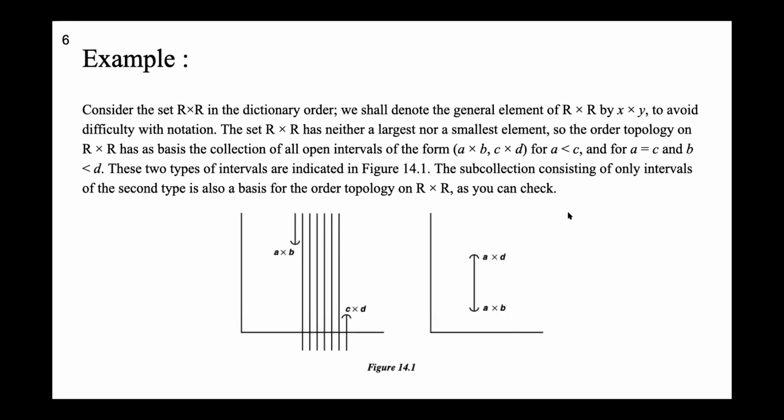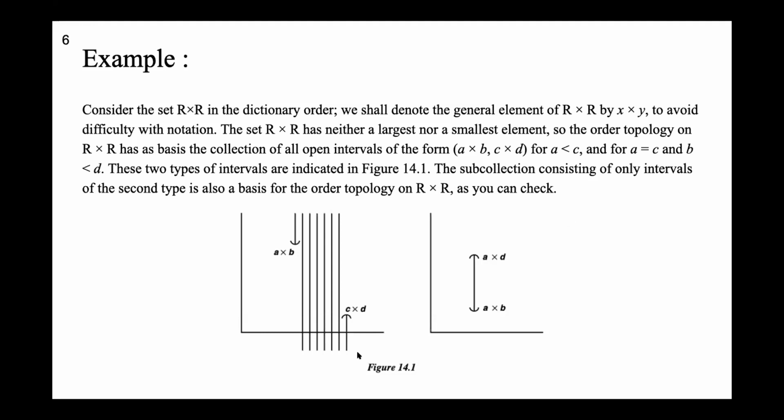Yeah. But then we say that if you have a basis, we will automatically get a topology. Generated by the basis, right? Yeah. Then can you imagine what kind of sets are in the topology generated by this open interval basis?